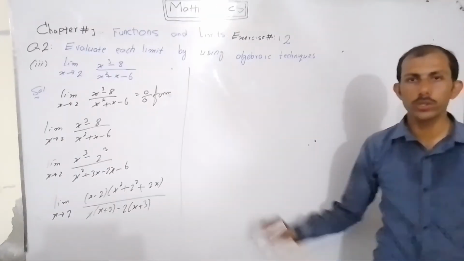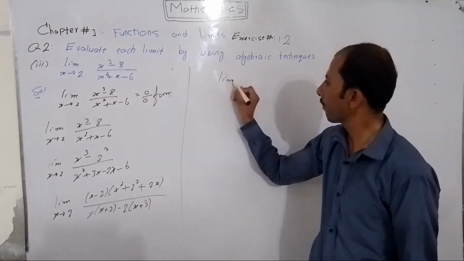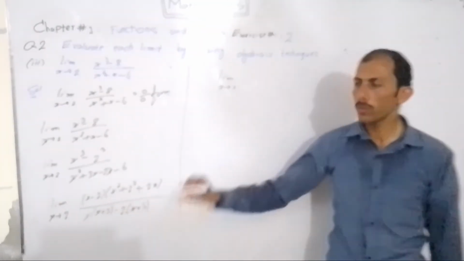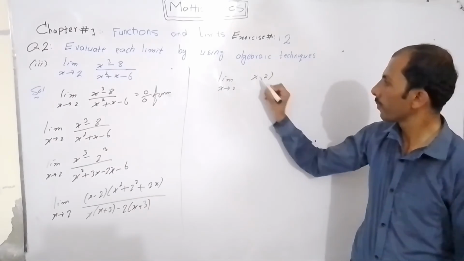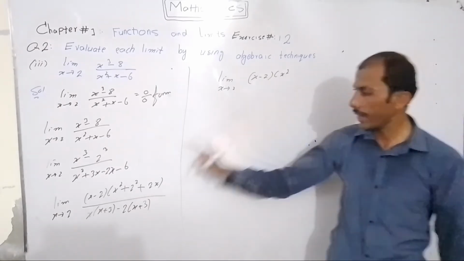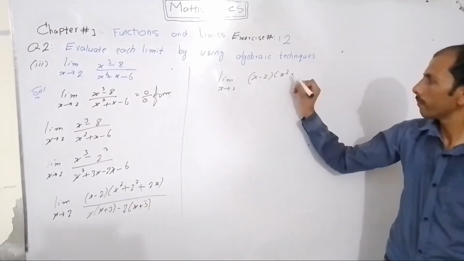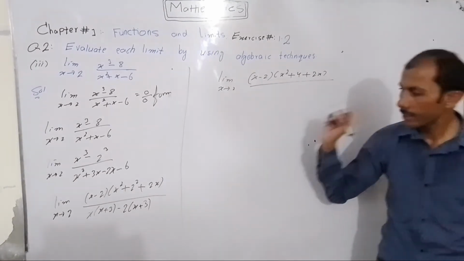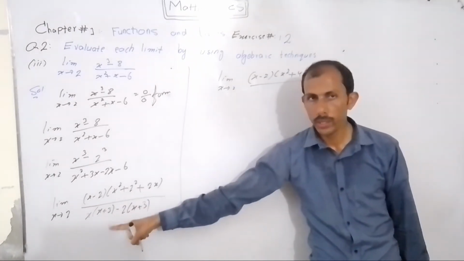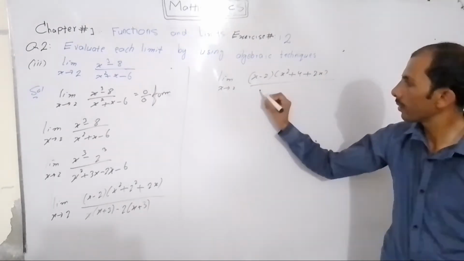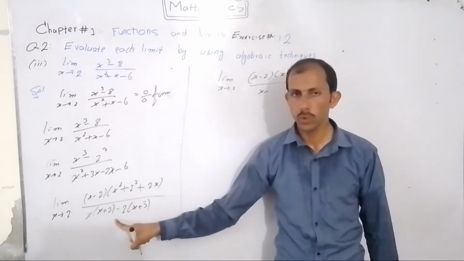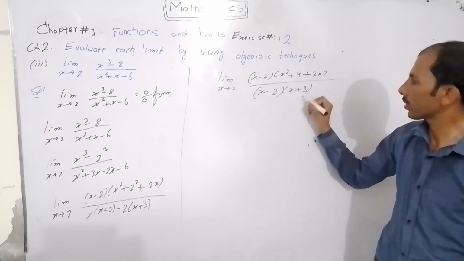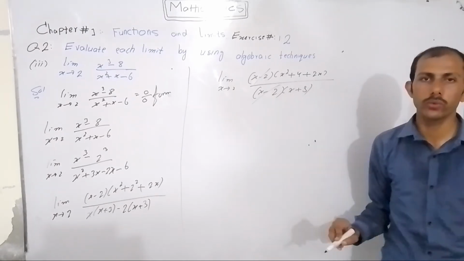Limit x approaches 2 of (x minus 2) into (x square plus 2 square, which is 4, plus 2x), divided by (x minus 2) into (x plus 3). x minus 2 cancels.